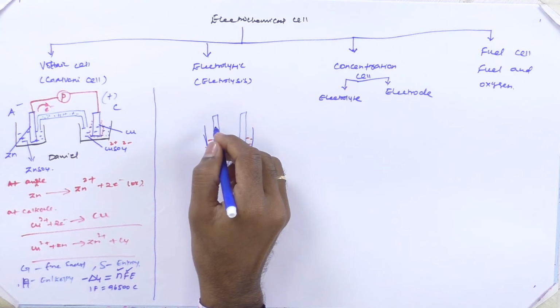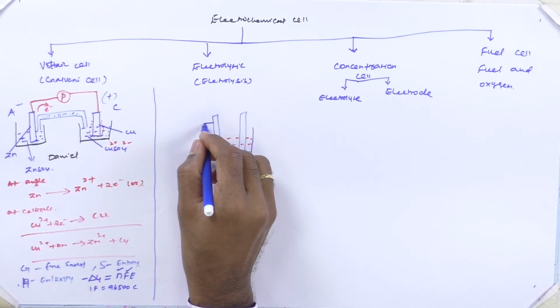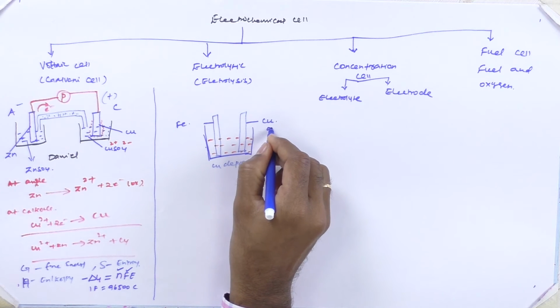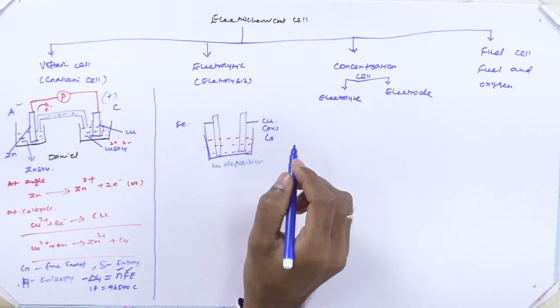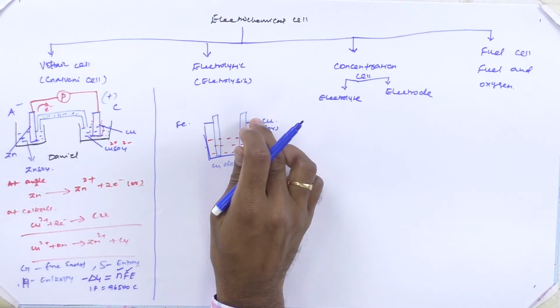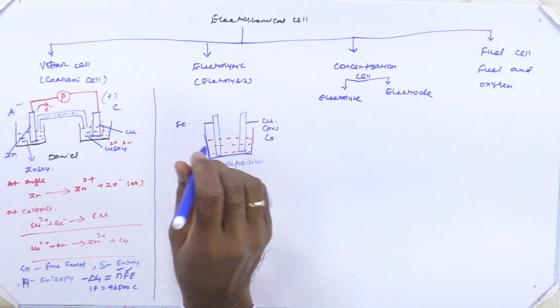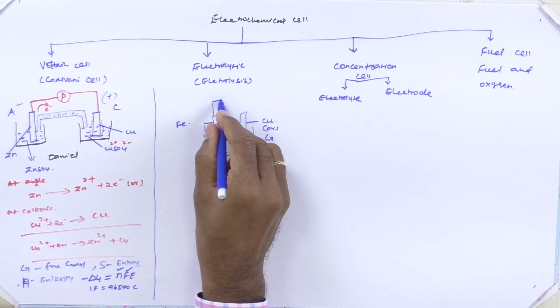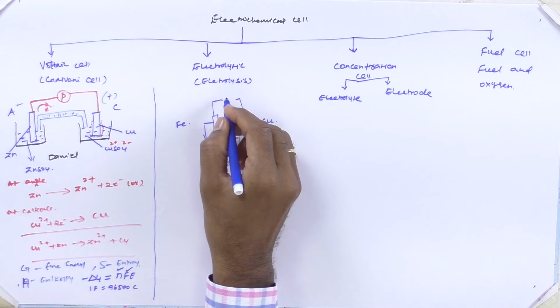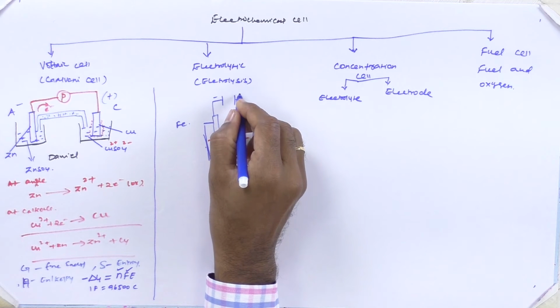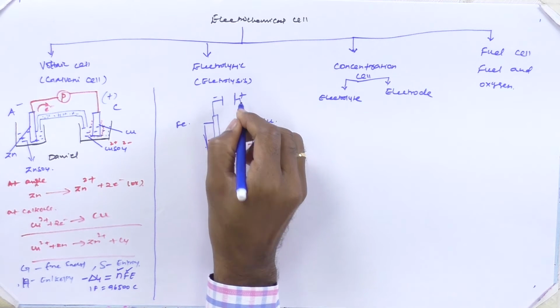Now this is going to be an iron rod, and this can be a copper rod, or we can use a graphite rod, an inert rod. After keeping them like this, we connect the electrodes to an external source of EMF. This is the cathode and this is the anode, the positive rod.